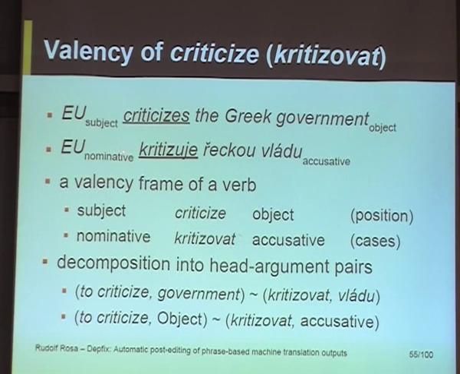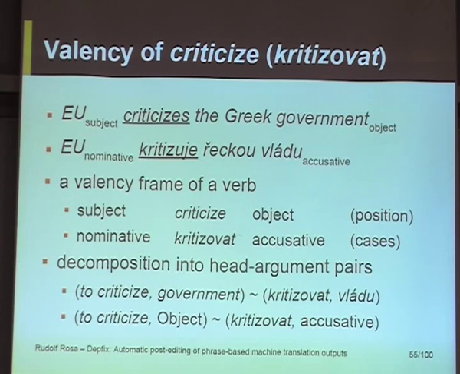So this is the sentence again, and let's look at the verb to criticize, kritizovat. In English, the frame of the verb to criticize is a subject and an object, and in English they are distinguished by their position.